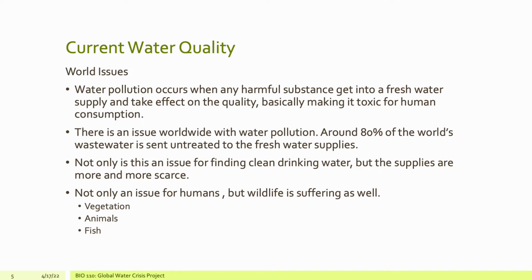So there is an issue worldwide with water pollution, where about 80% of the world's wastewater is sent untreated to the freshwater supplies, meaning rivers, streams, underground aquifers, stuff like that. Not only is this an issue in finding clean water, but the supplies are getting more and more scarce.